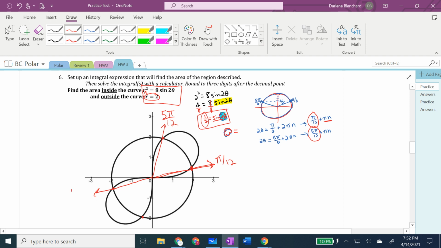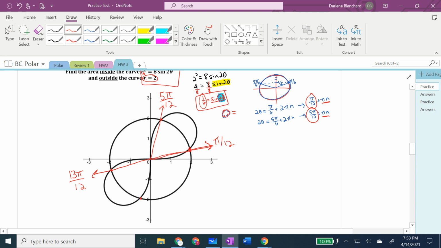So if I add pi n, that'll bring this to 13 pi over 12. And then if I add pi times 1, with n being 1, that will get me the opposite end of this. So 17 pi over 12. And so that allows you to know where all those angles are actually located.